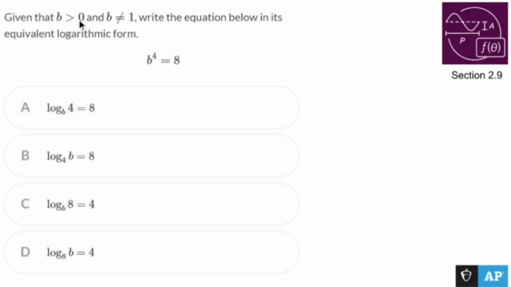Given that b is greater than 0 and b is not 1, write the equation below in its equivalent logarithmic form. All right, well, an equation in its equivalent logarithmic form has you take something in the form b to the x equals y and changes it to log base b of y equals x. So this looks like this, and I need to make it look like that.